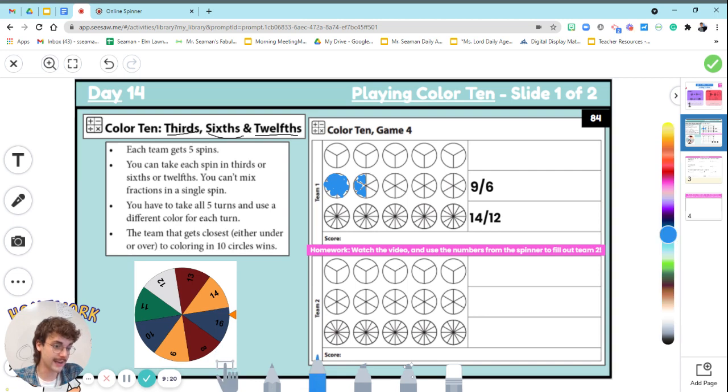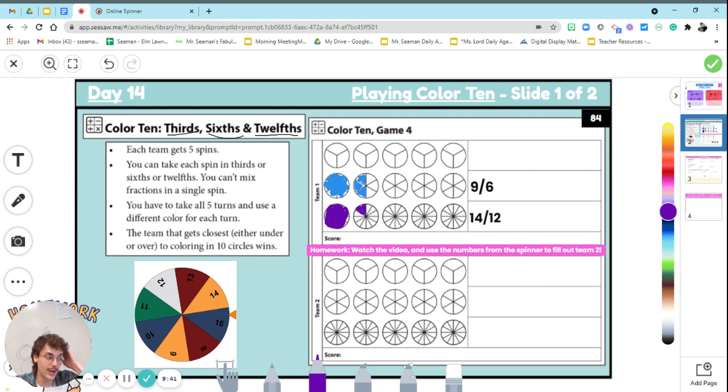So I'm going to color in 12 pieces, which is 1 whole. So that's going to be 12. And then I'm going to color in 13 and 14. So I have that right there.